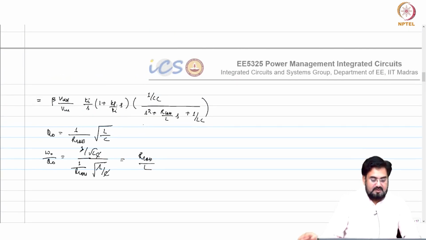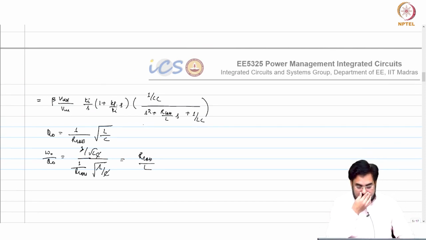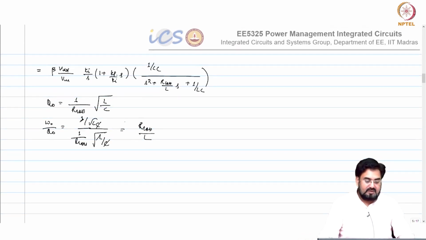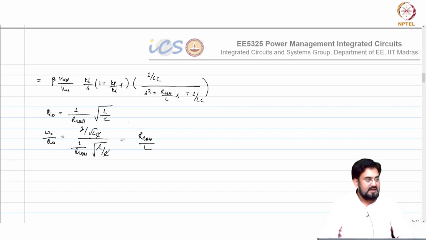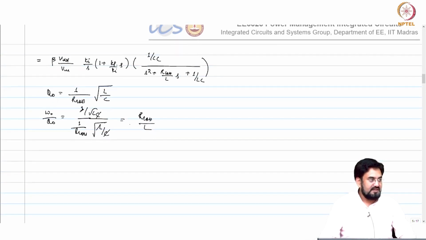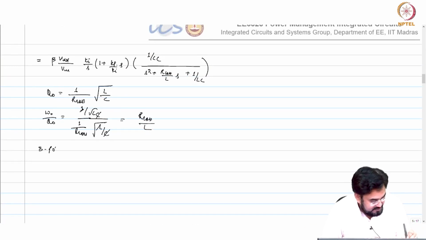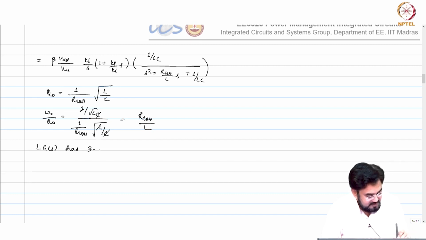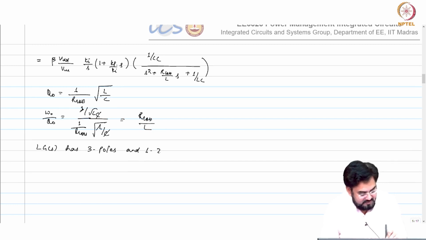So now, how many poles do you have? Totally we have 3 poles, including the integrator, and 1 zero. Yeah, you have to include that integrator. So is it stable or unstable? So LGS has 3 poles and 1 zero.